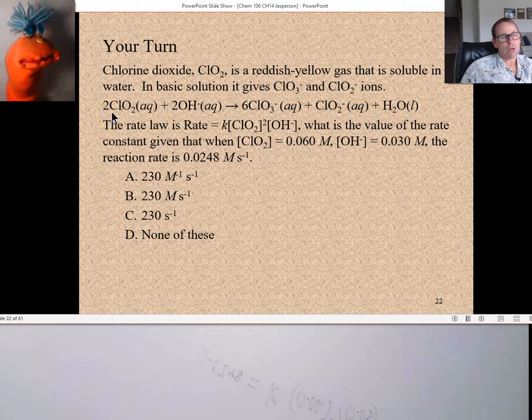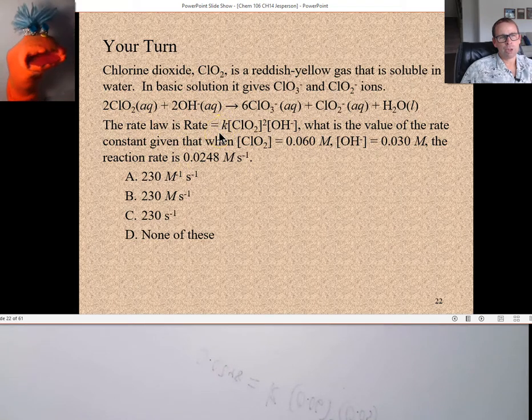All right, so the rate law for this chemical reaction, at the given concentrations, the reaction rate is 0.0248, and we want to know what's the rate constant, which is the k in here.